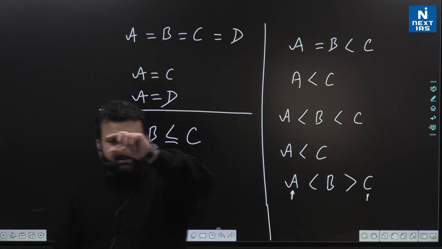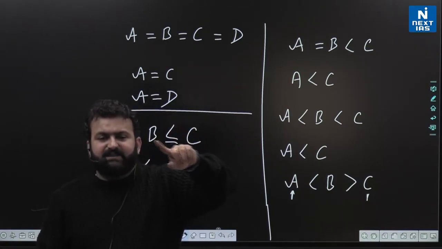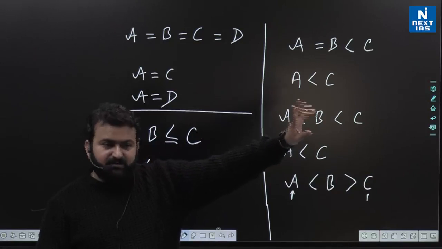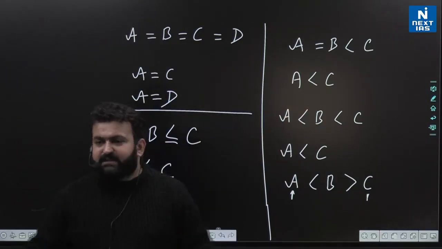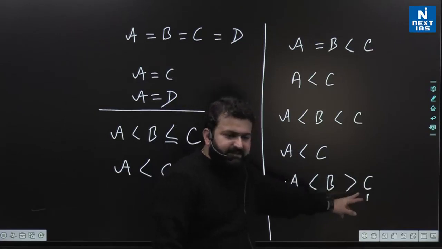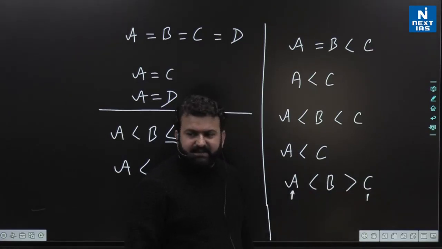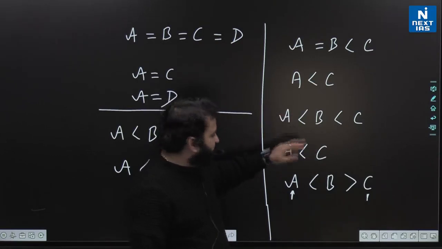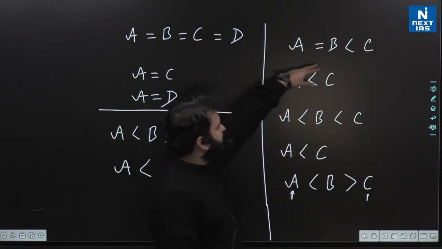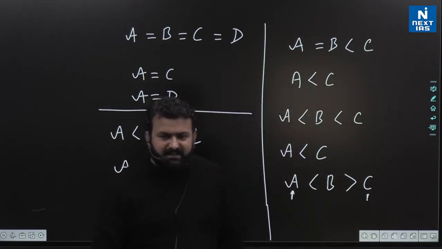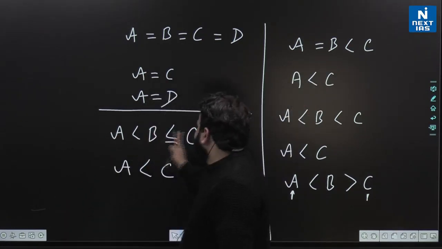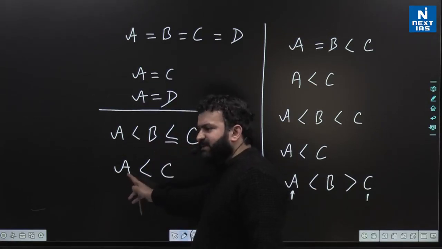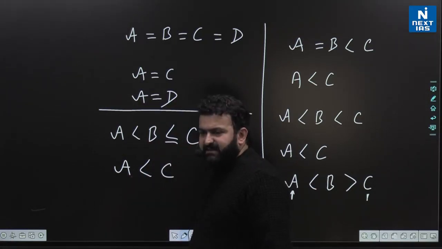Always remember, whenever a series is given, you can establish a relation only when the same kind of symbol is followed. When opposite symbols are followed, like A is less than B, B is greater than C, then definitely you cannot establish any relation between A and C. Is it clear? यहाँ पे A less than B, B less than C, you can easily say A less than C. A equals to B, B less than C, you can say A is less than C. A is less than B, B is less than or equal to C, definitely you can say A will be less than C. Is it clear to all?